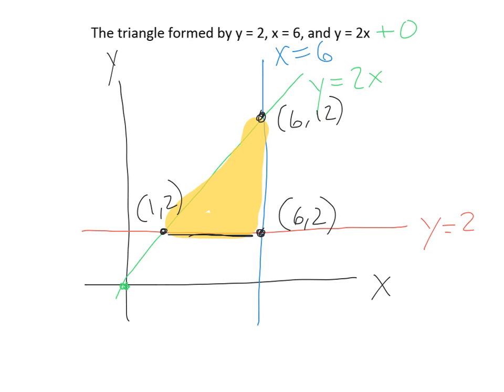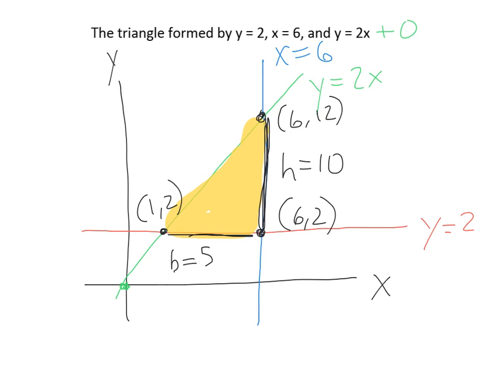So 6 minus 1, that means my base is 5. Okay? And then right over here, this would be my height. And that's going to be the difference of the y values. It's not moving left or right. 6's stay the same. So I'm going to look at the y values. 12 minus 2 is 10.